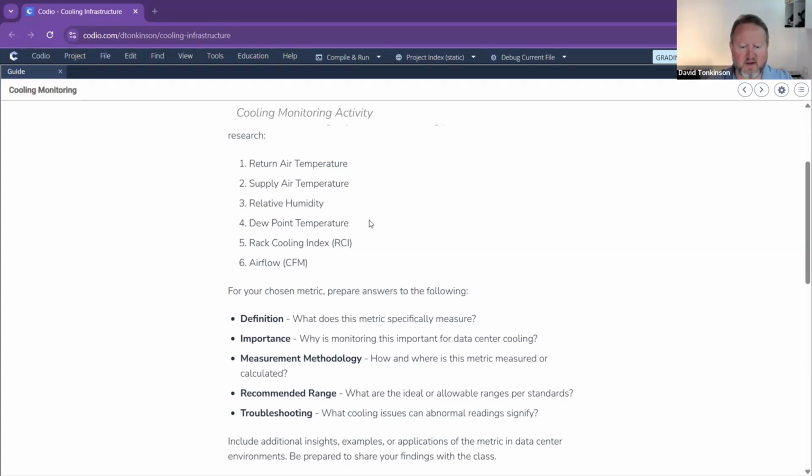Stefan's picking the rack cooling index. Yinka's picking the RCI as well. Nima, airflow, CFM, well done. As is Melissa.